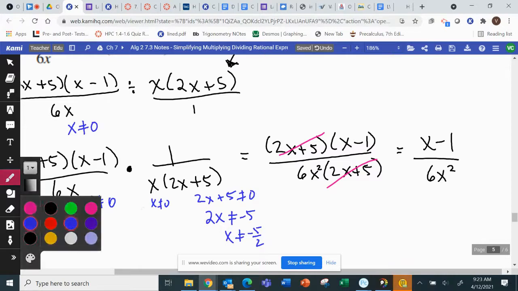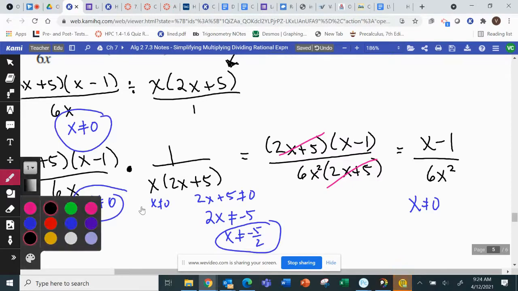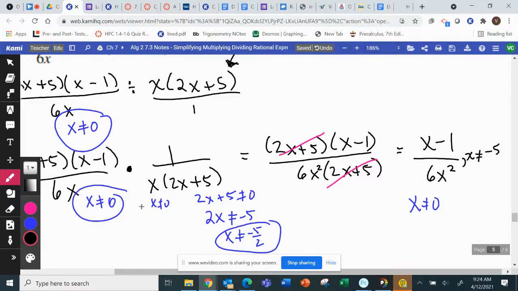And I have to check my domain restriction one more time. I only have 0 for the domain restriction. Because originally I had 0 and negative 5 halves, and I lost the negative 5 halves, I have to put that back in. X does not equal negative 5 over 2.